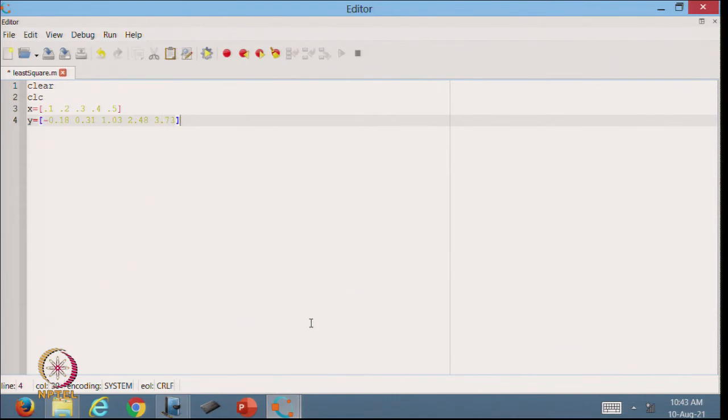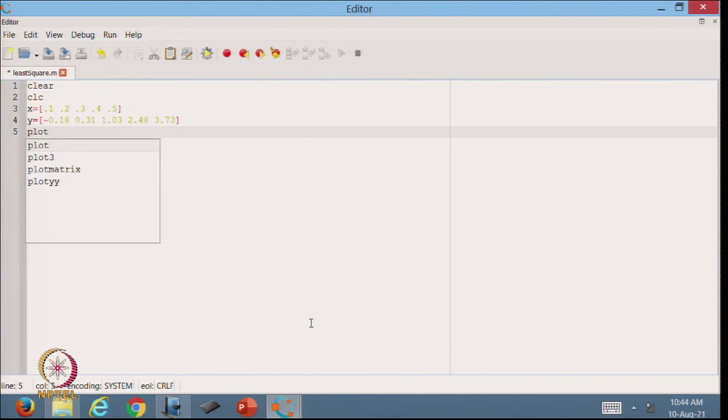So, these are the y coordinates we have taken. Now, I want to plot these points, so I will write plot x, y, with k star, meaning black stars.